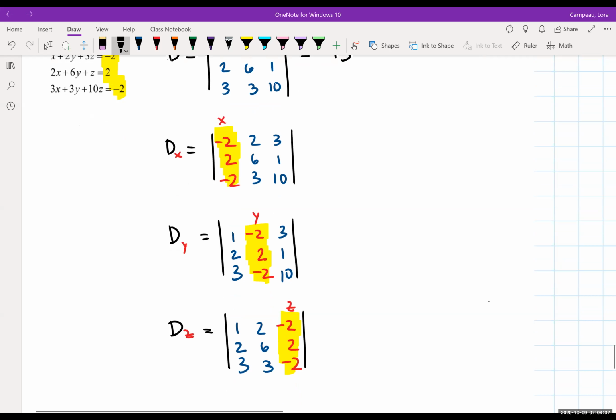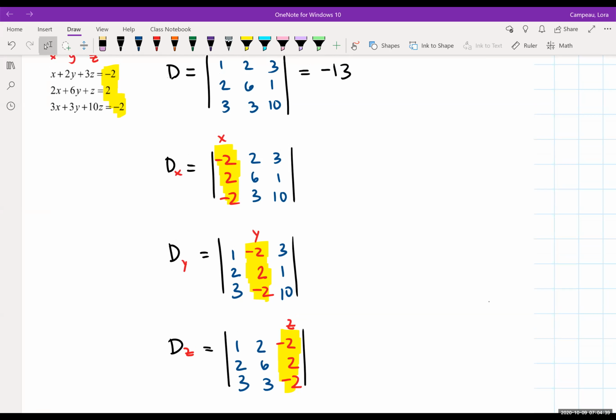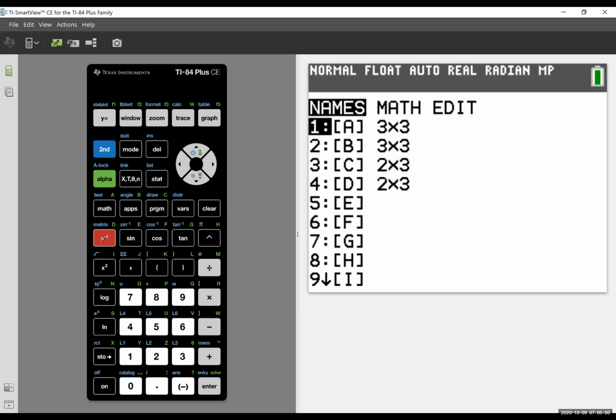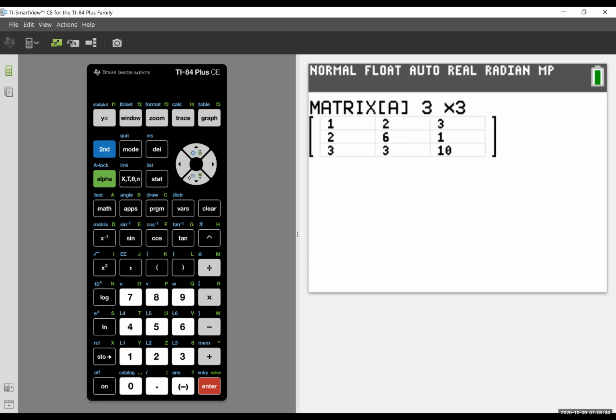And what we're going to do is just kind of take care of the rest in the same manner. So I'll go back to our TI, and I'm going to continuously be editing matrix A. Feel free to play around with the other matrices if you'd like. But I'm going to do second x inverse and then continue to edit matrix A because I have most of the elements.